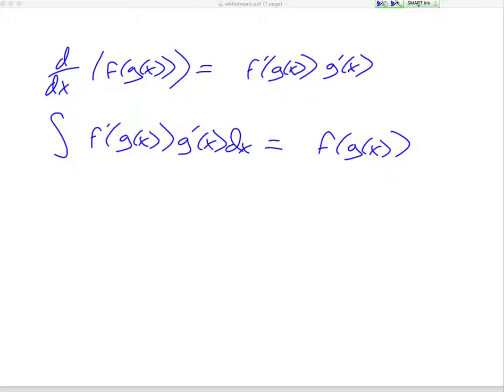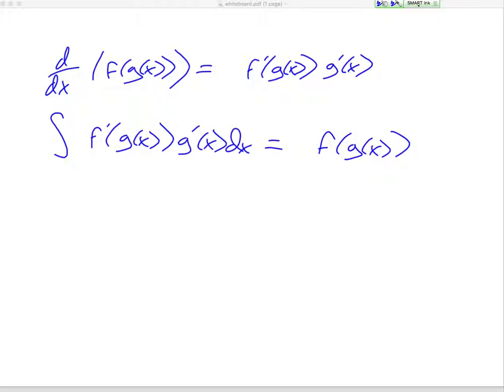You've got the prime on the outside, so you have f prime of g of x, and then g prime of x. You just kind of smush it all together. You have that multiple.